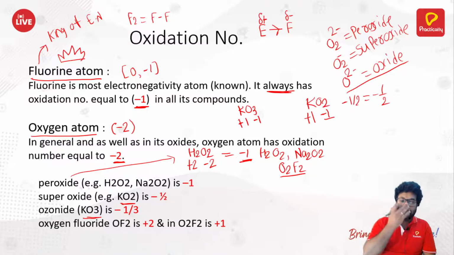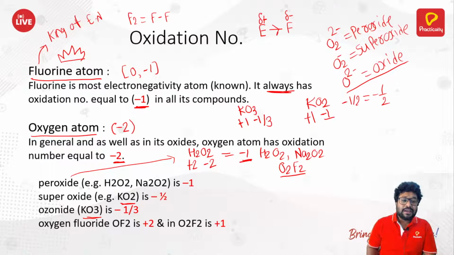So if potassium is +1, O3 has to be -1, because +1 -1 is 0. So the -1 charge is shared by 3 oxygen atoms, and therefore each oxygen atom's charge is -1/3.